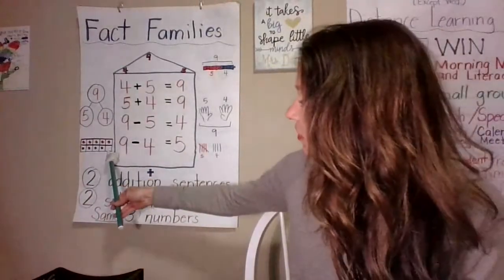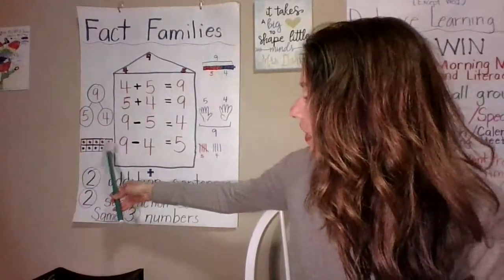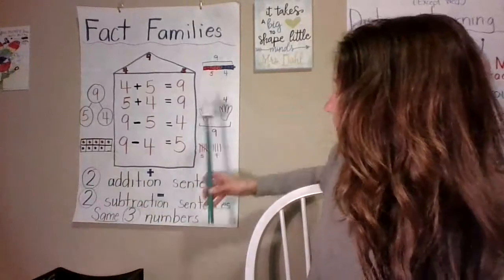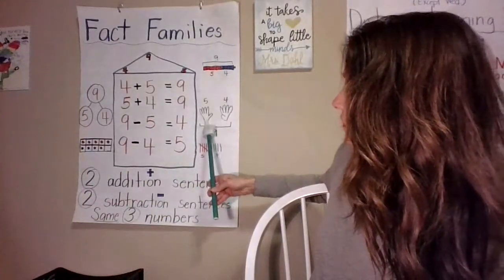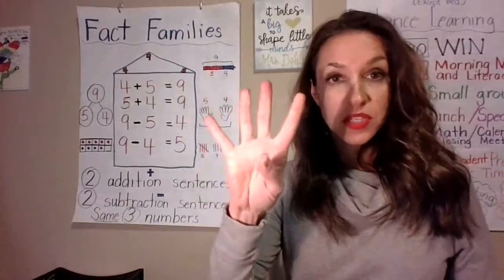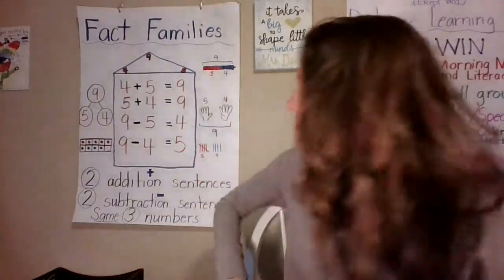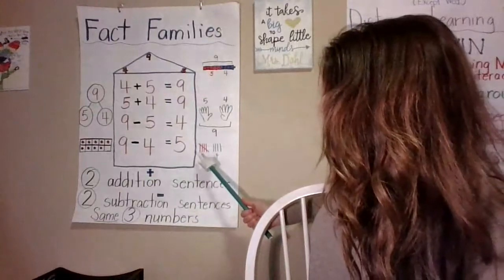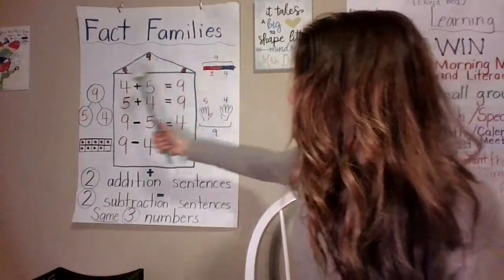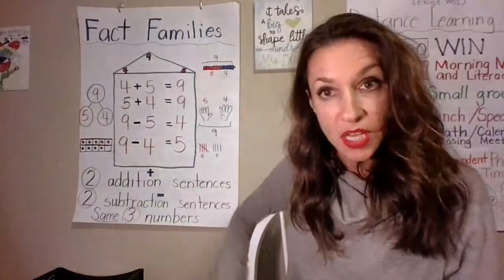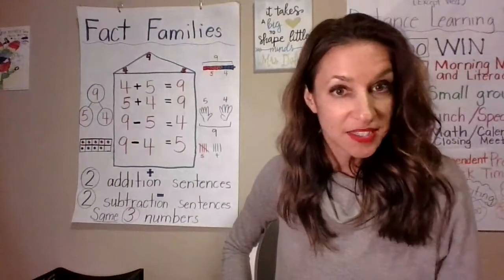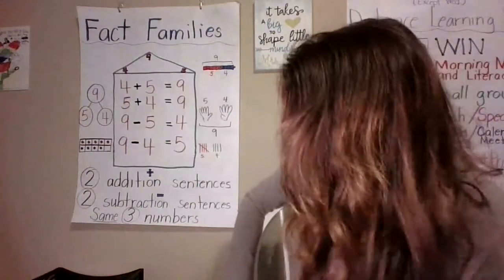I've also shown it here on a tens frame, 5 and 4. I've also shown it on my hands, 5 and 4. We can always use our hands as a great math tool when we don't have any other tools. And tallies. Those are all the different ways that we can show and represent numbers, whatever works best for us.